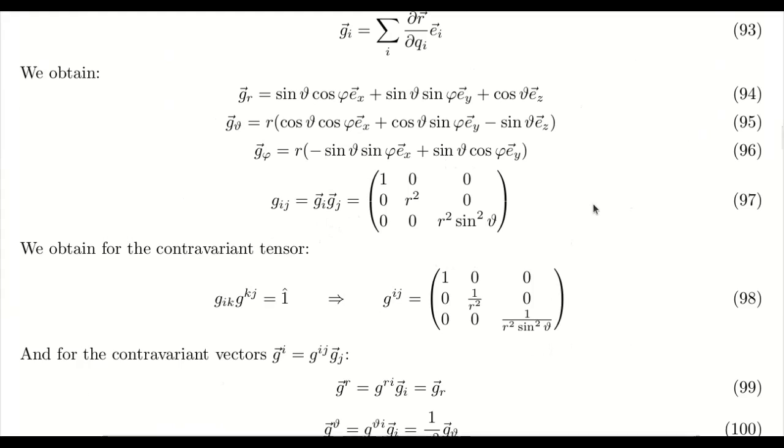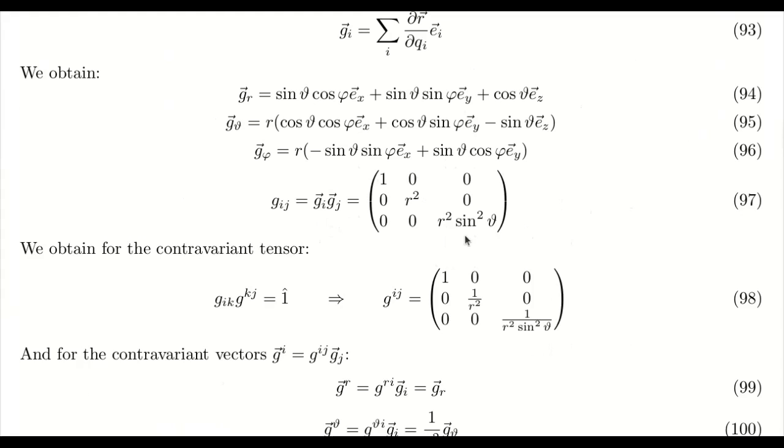This is an exercise for students. Do that calculation explicitly and show that all these trigonometric functions were vanishing. Okay, only the sine square here is in the metric tensor in the last coordinate.